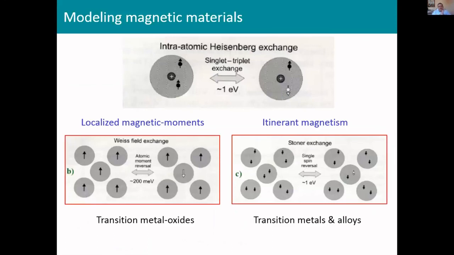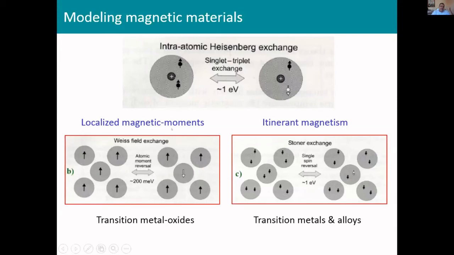Let me remember very briefly how the magnetic moment is produced in materials. In the case of atoms, as we know, the Hund's rules explain why an atom has an atomic magnetic moment. In the case of solids or materials, we have two extreme cases.